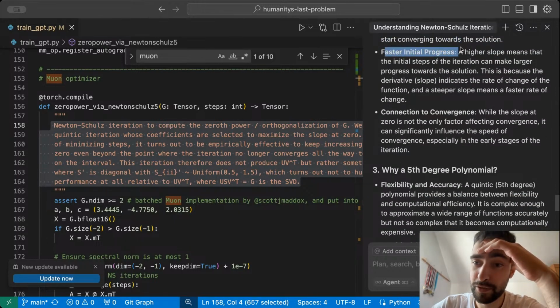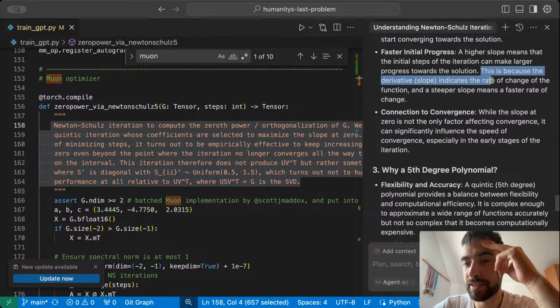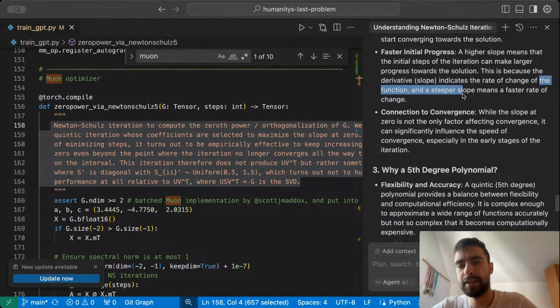Faster initial progress: higher slopes mean that the initial steps of the iteration can make larger progress towards the solution. I guess step is proportional to slope. This is because the derivative slope indicates the rate of change of the function, and a steeper slope means a faster rate of change. It's not really coherent.